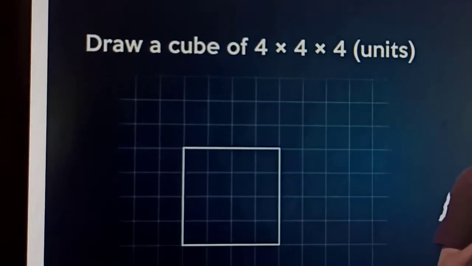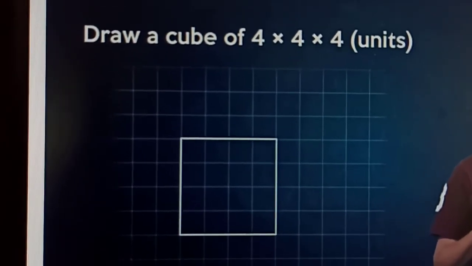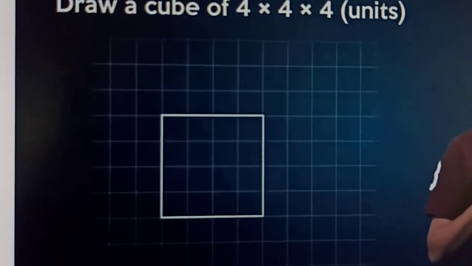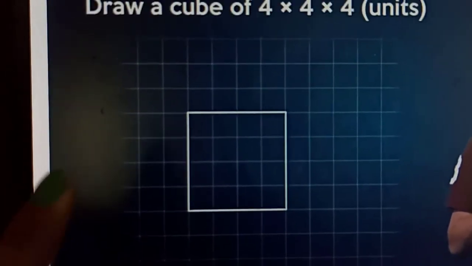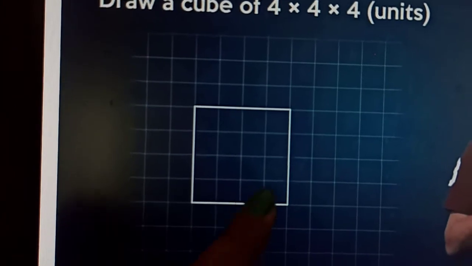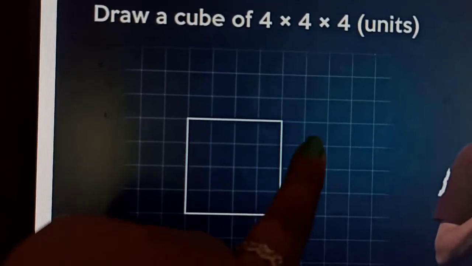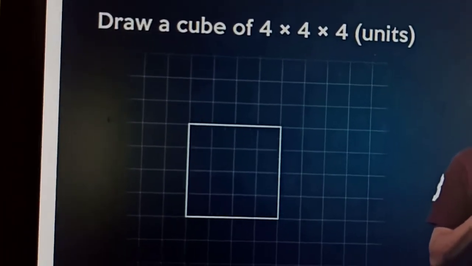See here, to draw a cube of 4 multiply 4 multiply 4 units. So here, see, on the sheet there are square boxes. We will choose 4 boxes from this side, 4 this side and 4 this one, right?